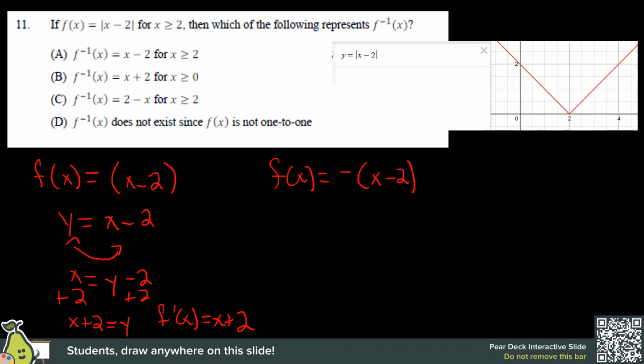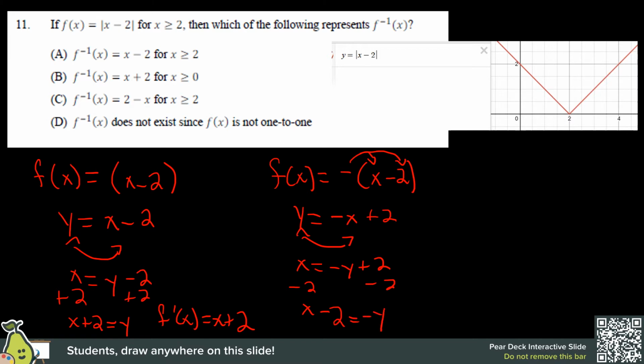For the other situation, we have y equals, and we're going to distribute this negative to both values here. So we'd have negative x plus 2. So when we switch our x and our y, we would get x equals negative y plus 2. So then when we subtract 2 from both sides, we get x minus 2 equals negative y.